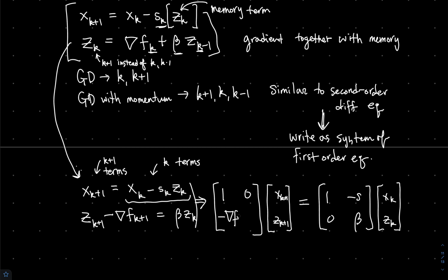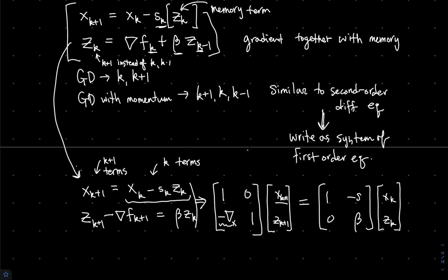So let me just first write negative gradient, and I'll explain why we can write this gradient as a coefficient of x, because this is a gradient related to x with respect to x. So we could sort of write it like this. And then for the zk plus 1, we have 1 zk plus 1.